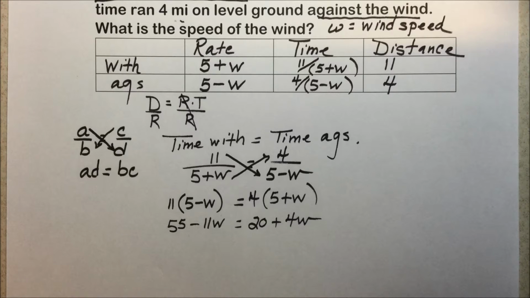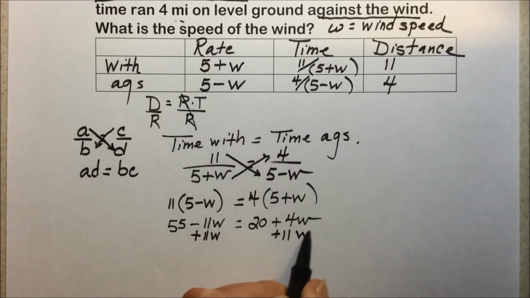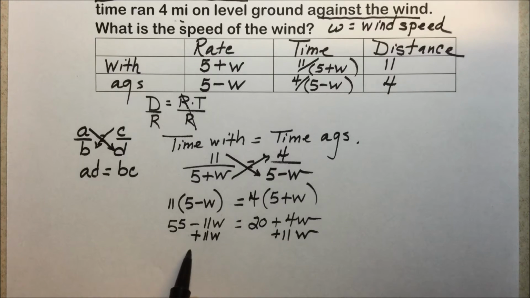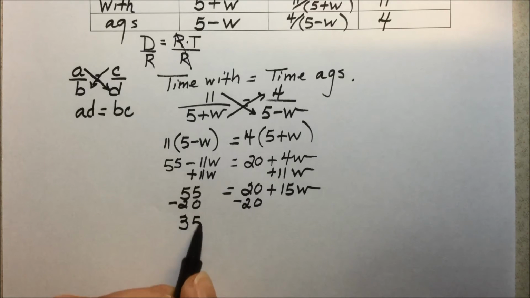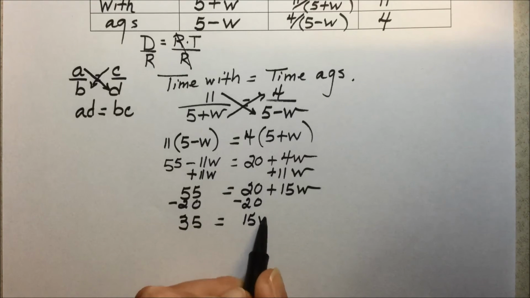Next, let's get the variable on one side and the constant on the other. If we add 11W to both sides, we will have 55 on the left, and 20 plus 15W. Next, we want to get the variable by itself, so we'll subtract 20 from each side. 55 minus 20 leaves us with 35 equal to 15W.